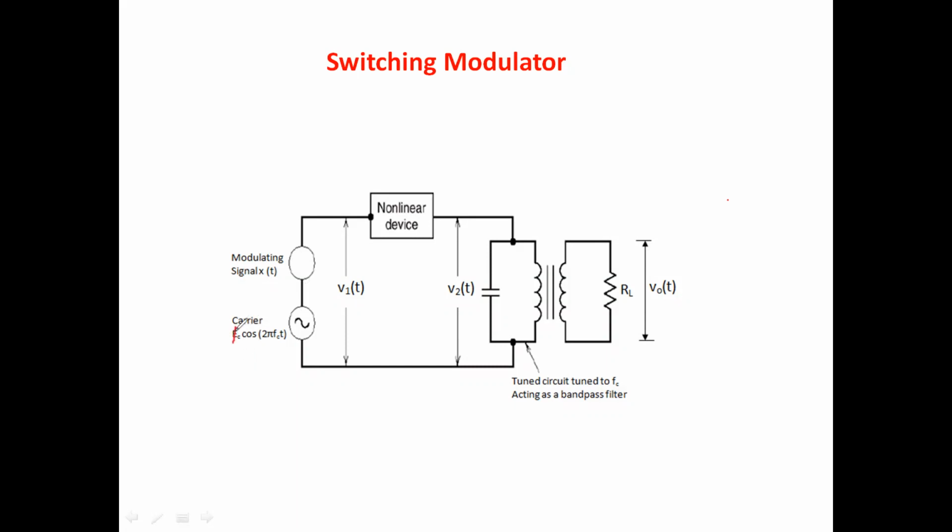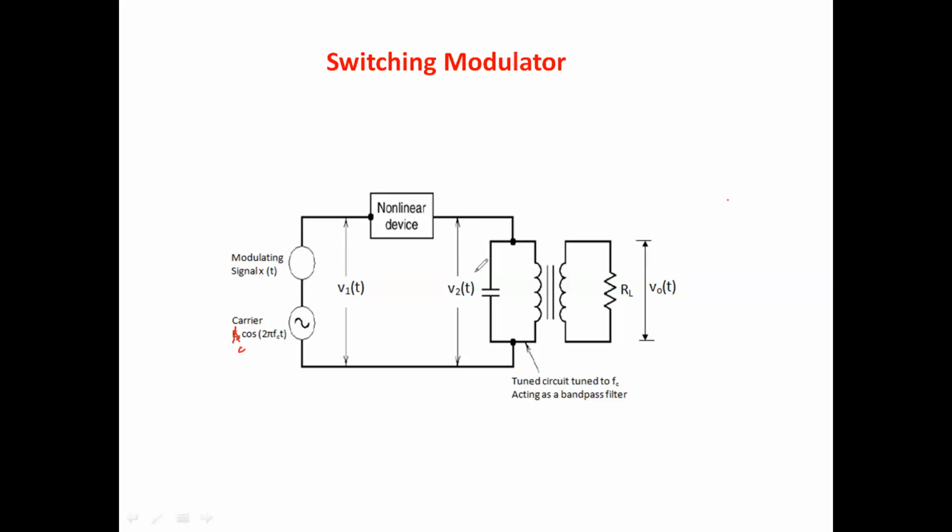So let me take the carrier as Ac cos 2 pi fc t. I told you before that it is a semiconductor diode which acts as a switch. That means it becomes on depending upon the carrier frequency.